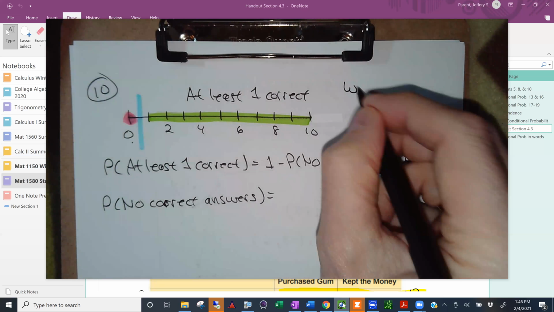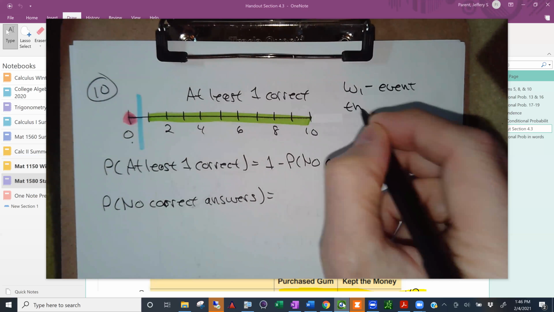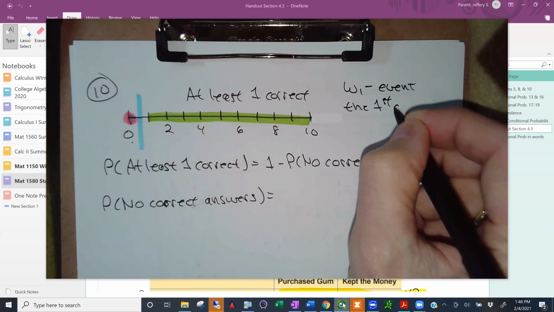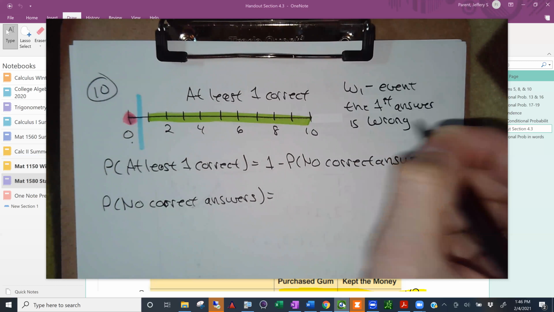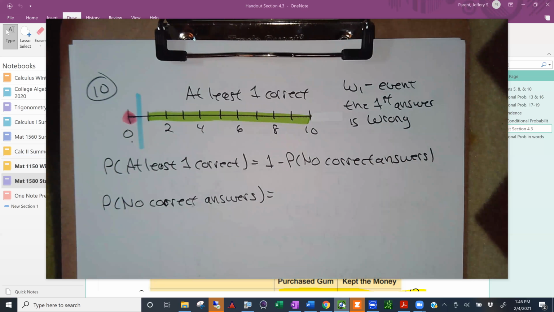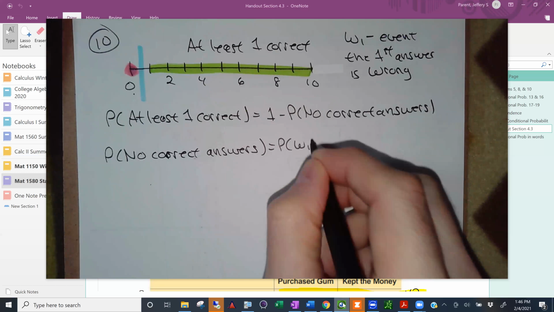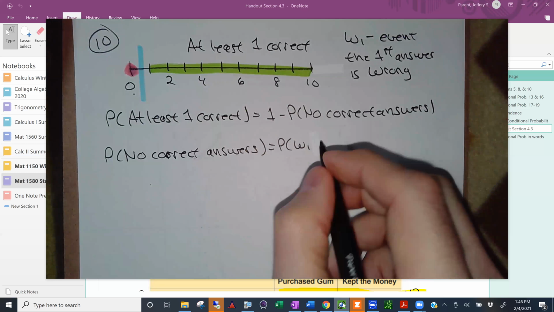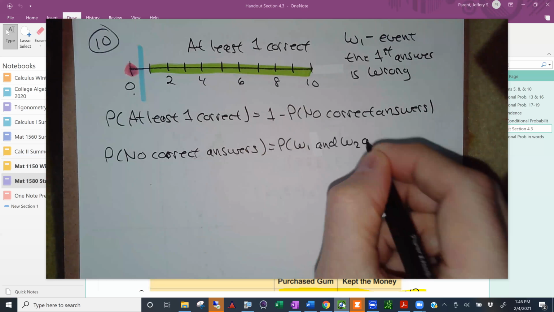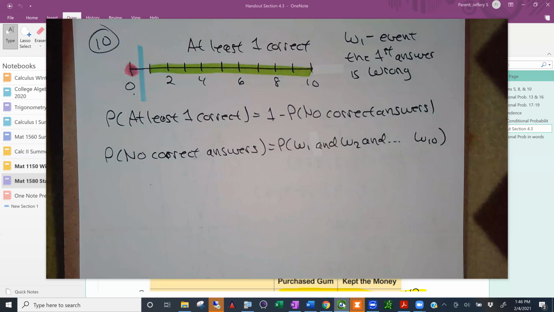Well, let W1 be the event the first answer is wrong, and so on, W1, W2, W3. In fact, the probability that you have no correct answers is really going to be this probability: probability of W1 and W2 and all the way down to W10. All 10 of those are wrong.